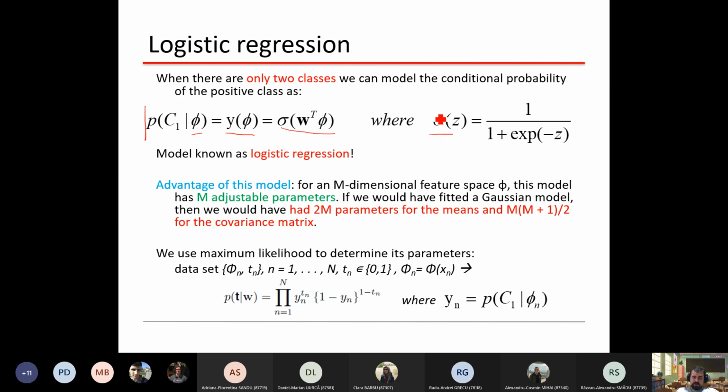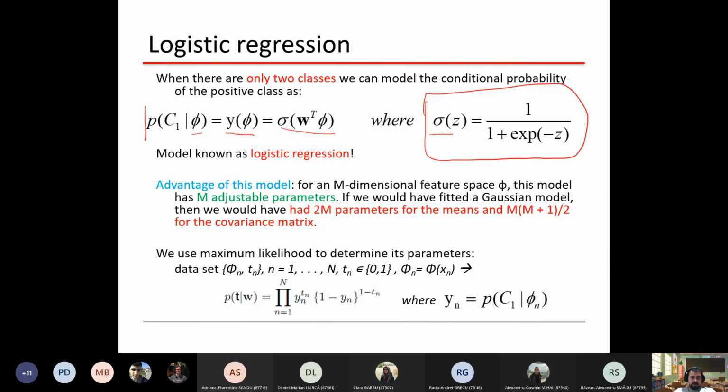Again, the sigmoid has this formulation that will be used when we derive the values of the parameters. This model is known as logistic regression and has the advantage that for an m-dimensional feature space phi, the model has exactly m parameters, so m values for the weights.